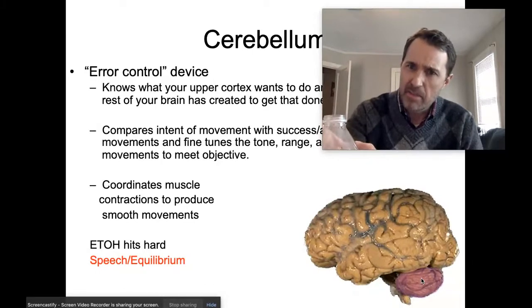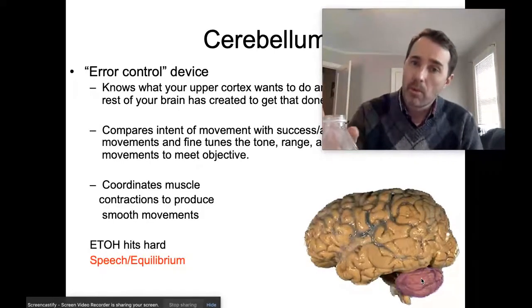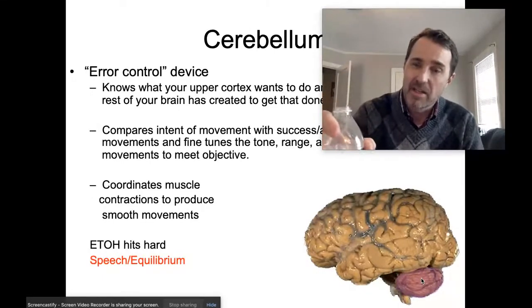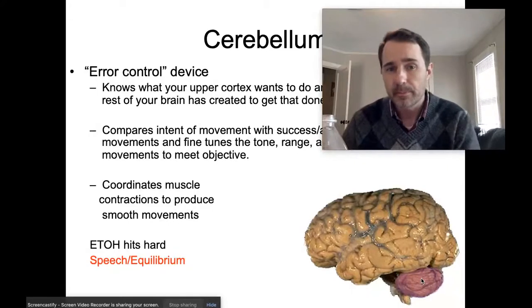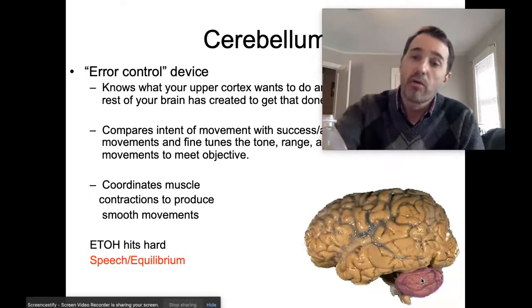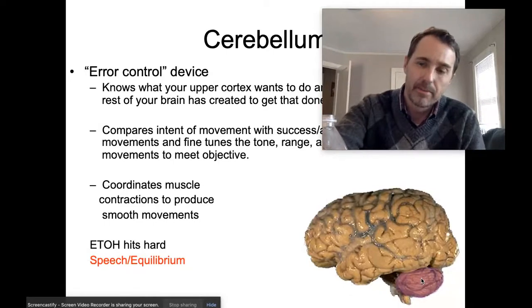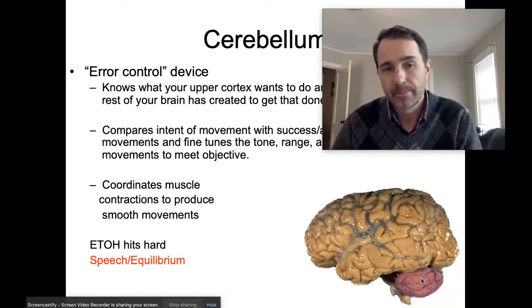The higher the stakes become, the more exact my muscle movement has to be. The more exact my muscle movement has to be, the more my cerebellum is engaged in making sure that I am not going to screw this up, that I'm not going to knock over that water bottle, that I'm not going to overshoot and have an error and spill water on my laptop.